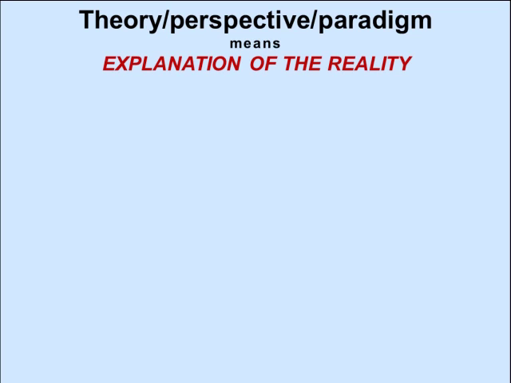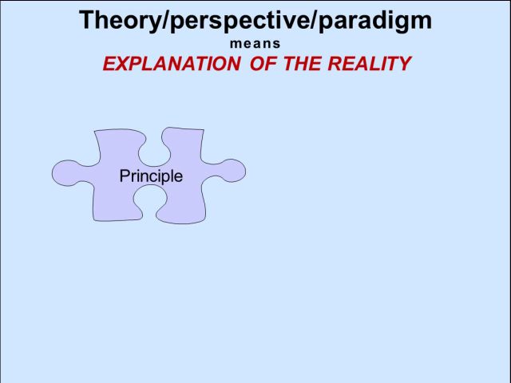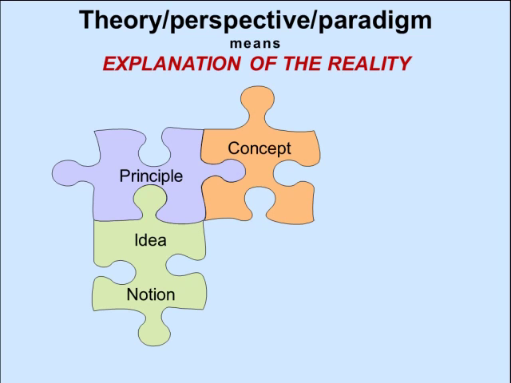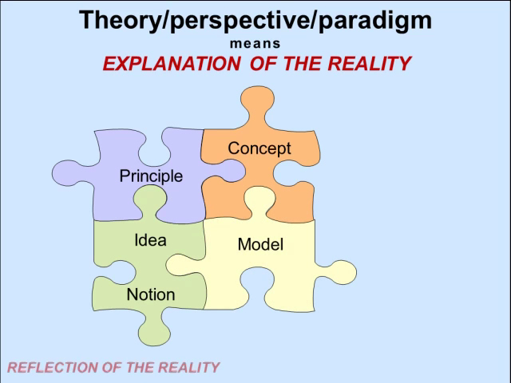Next, each theory consists of principles, or we could also call them concepts, ideas, notions, or models. It's a reflection of the reality. It's a mental image we use in our thinking. So think about the concept of money, principle of natural selection, the notion of psychological defense mechanisms, or the model for time travel.